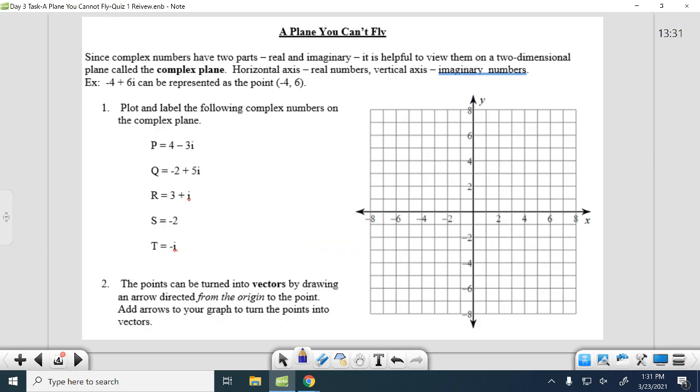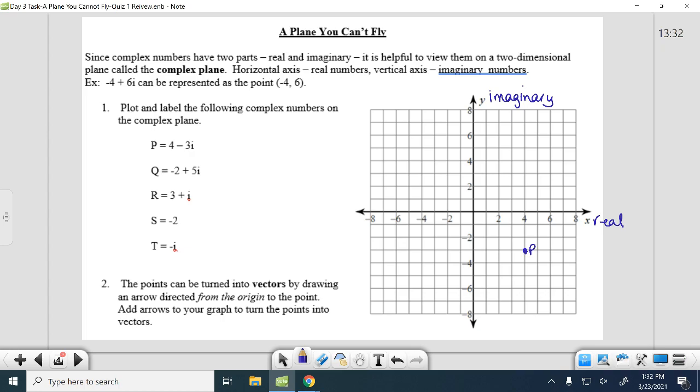Our first part is to plot and label the complex numbers on the complex plane. And so remember what quadrant each goes into. Remember that your x-axis is your real axis, and your y-axis represents the imaginaries. So P is going to be 4 minus 3i.